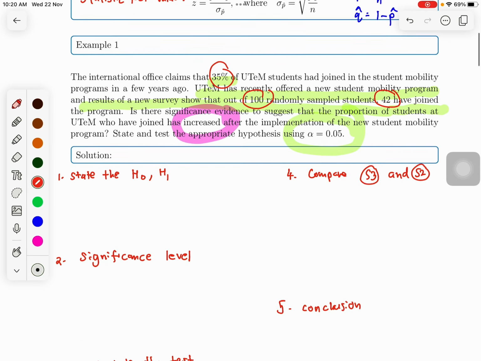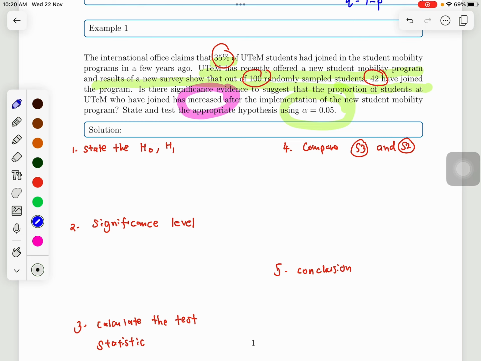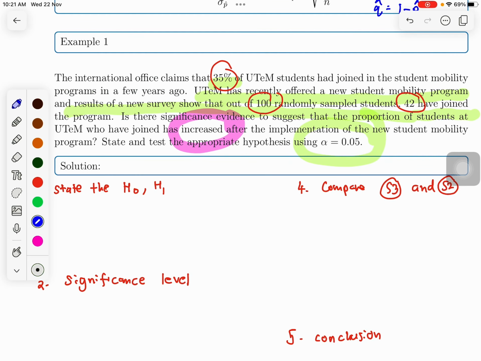Okay, so first of all, we need to remember, normally in hypothesis test of a population proportion, we will apply the Z distribution, right? So let's try to solve this question. State the null and alternative. Even though the claim is 30% of UTEM students have joined the student mobility program, remember the question asks if the proportion of students has increased.